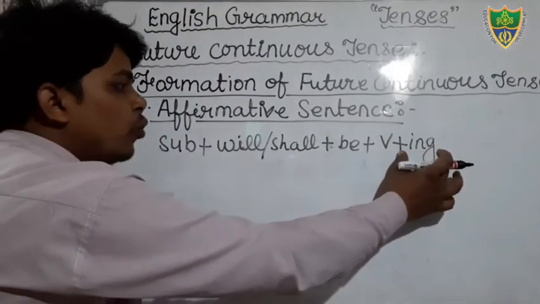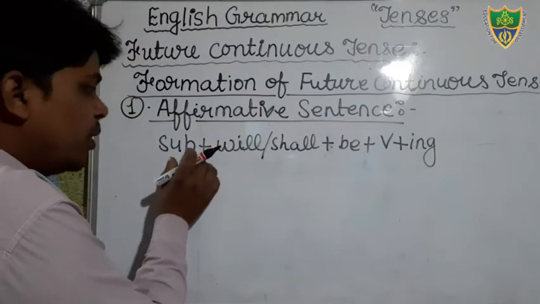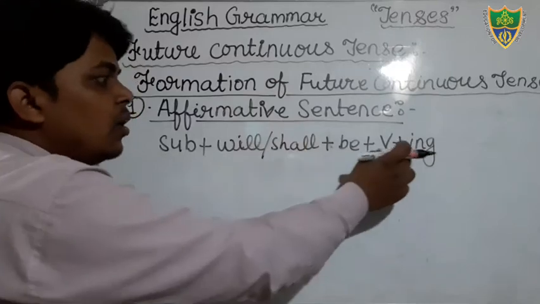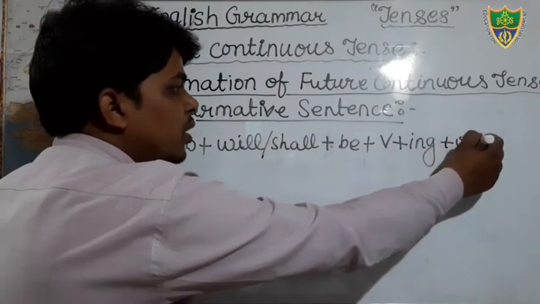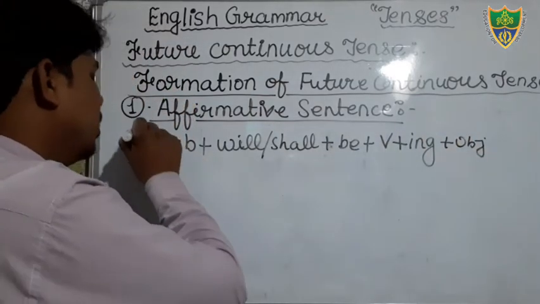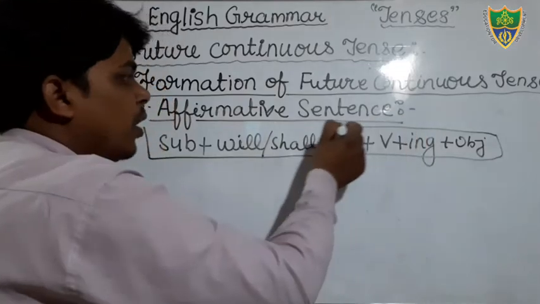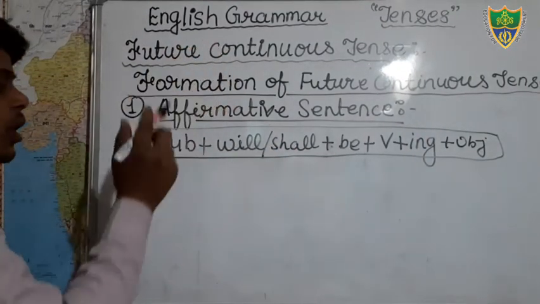Therefore, to show the progress of an action, we will add ing to the main verb. Let's see, subject will be there, helping verb will be or shall be there, and then after the verb, the object or complement which is given in the sentence. This would be the format of the affirmative sentence of future continuous tense.